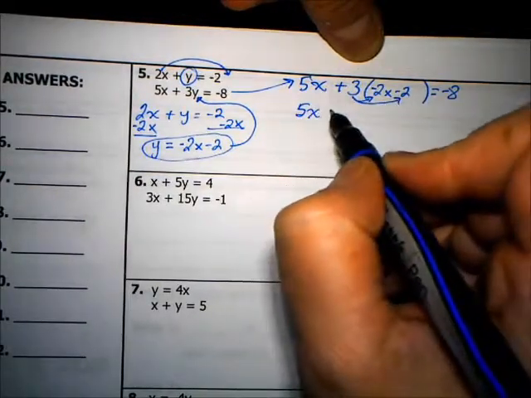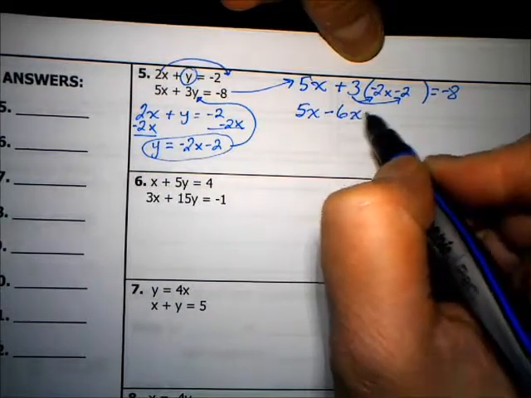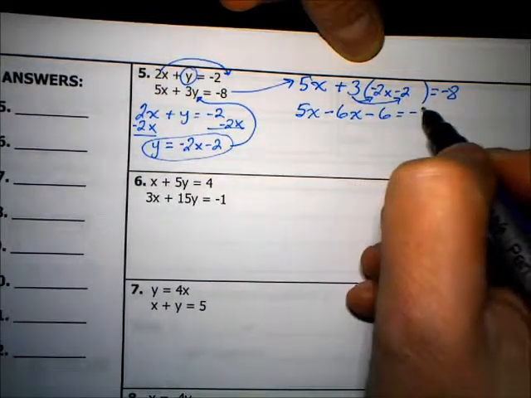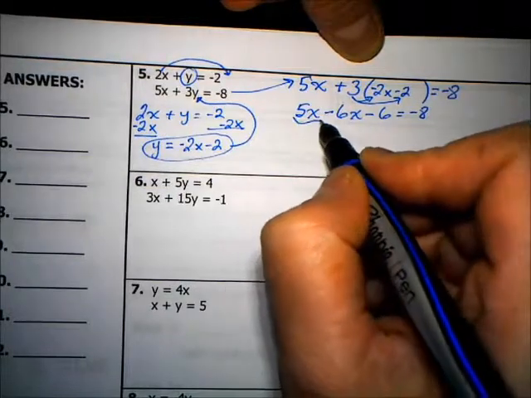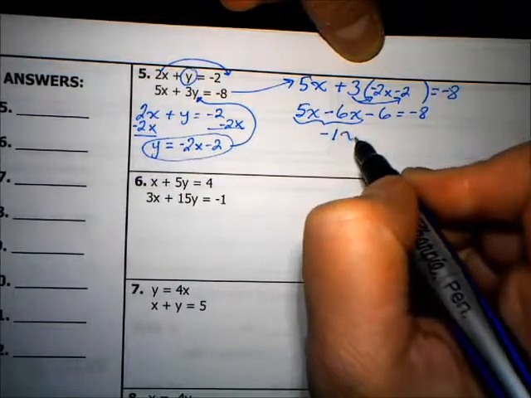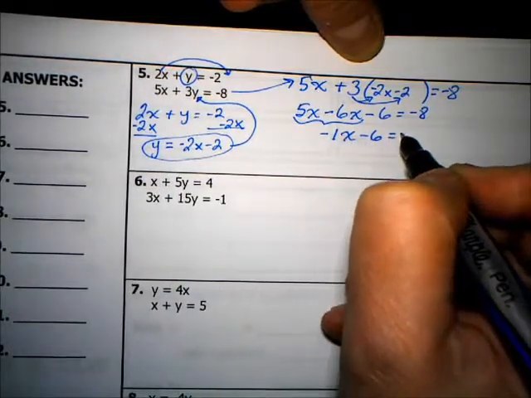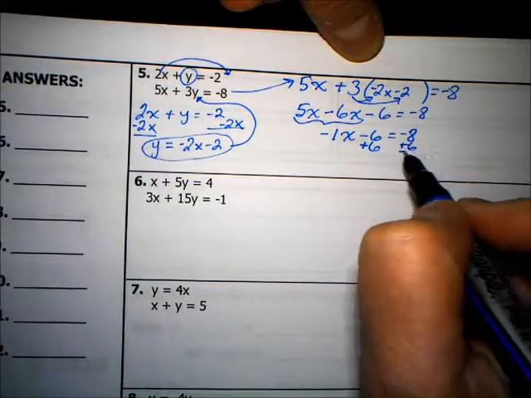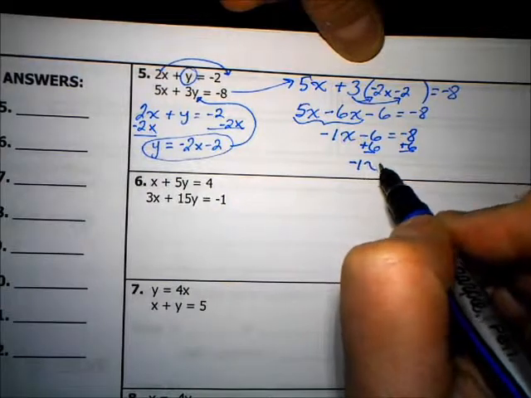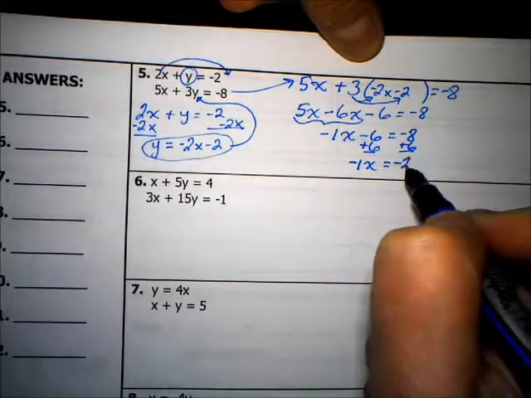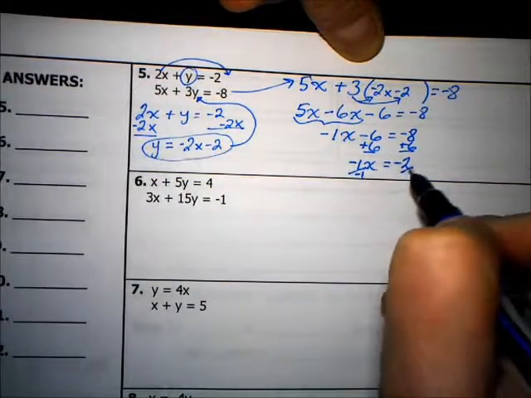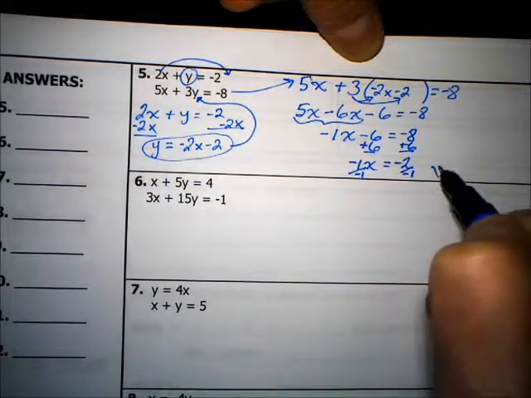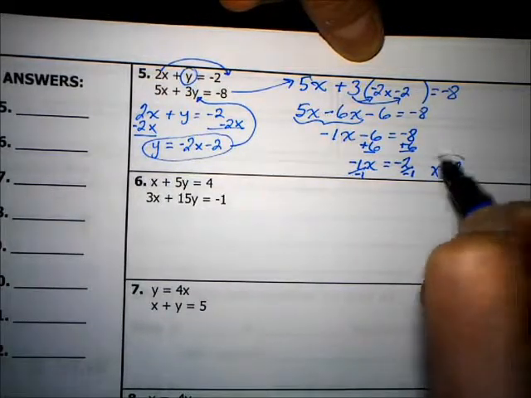That gives you 5x minus 6x minus 6 is equal to negative 8. If I combine my x's, I get negative 1x. And now I want to move my constant. That gives you negative 1x is equal to negative 2. If I divide by the negative 1, that means x is equal to a positive 2.